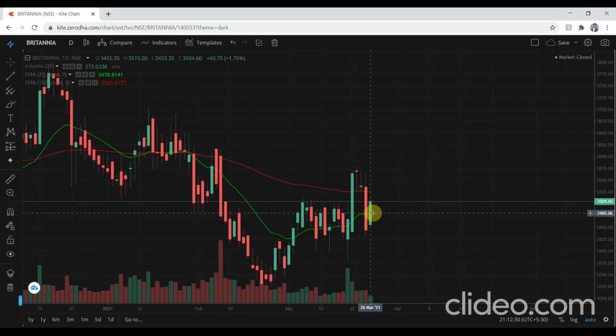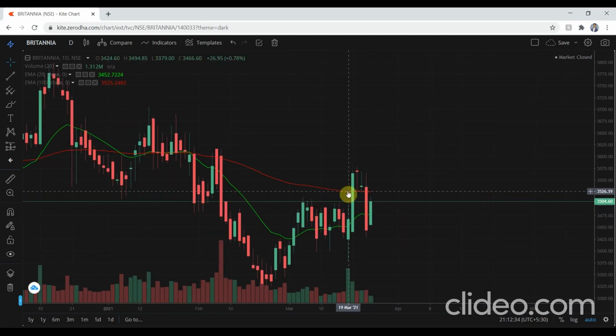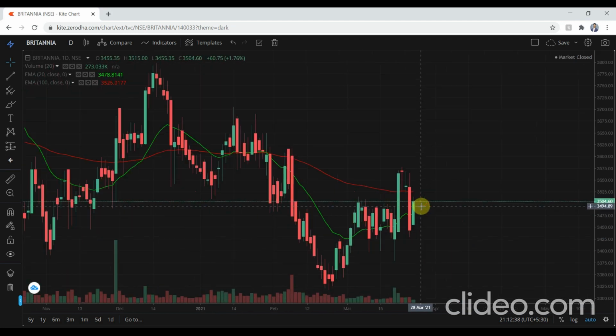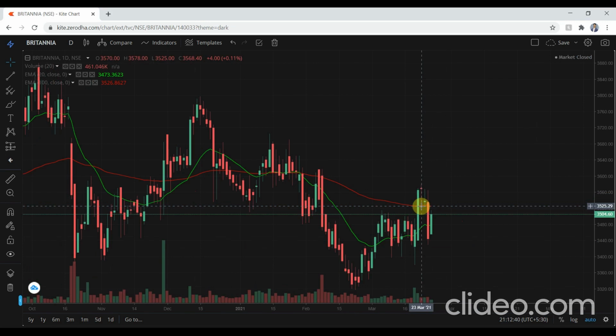So again the 20 EMA was below the 100 EMA. Now it's very subjective whether you see this as a small gap or a big gap. Once you start doing the analysis on a regular basis, it will just occur to you whether to consider it a small gap or a large gap.